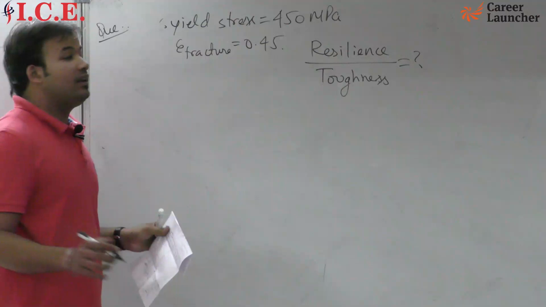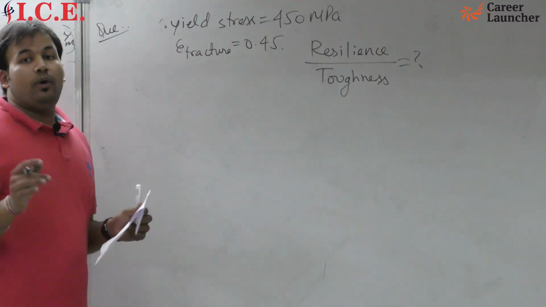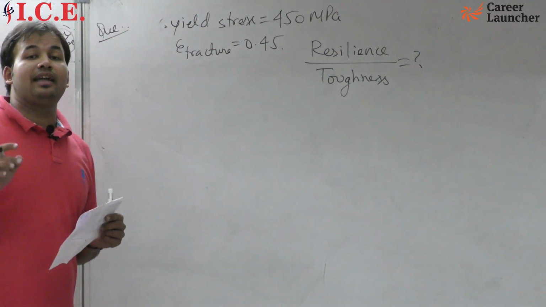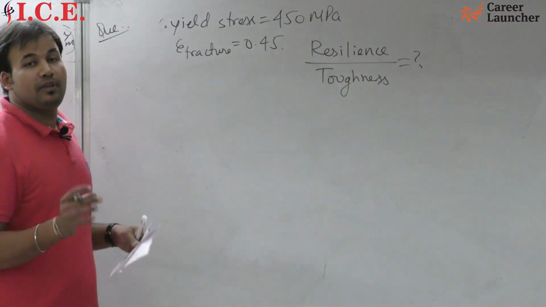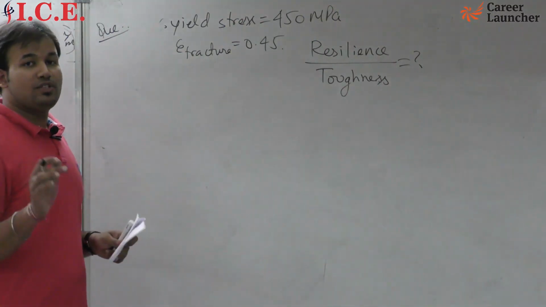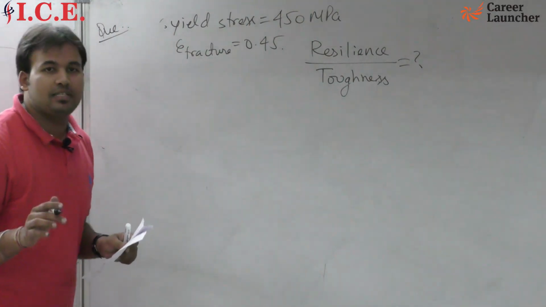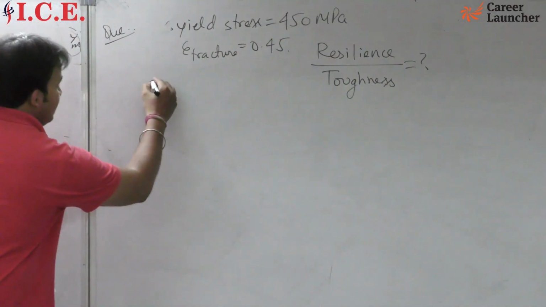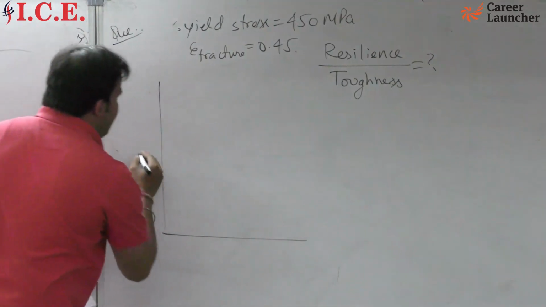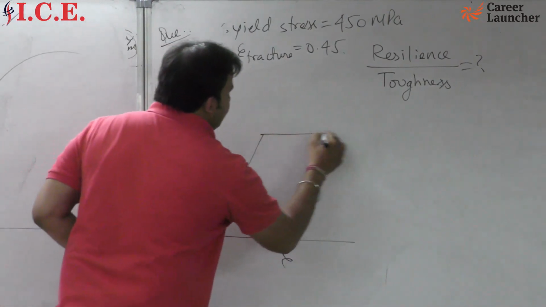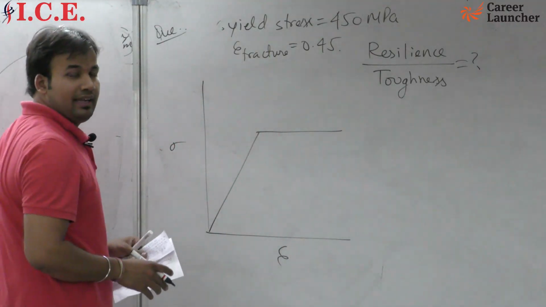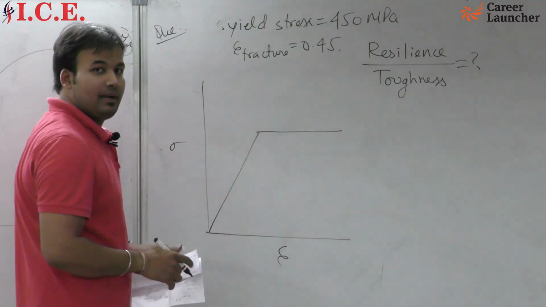So first of all, here we should know what the stress versus strain diagram of an elastic plastic material will be. If the question gives an elastic plastic material, then the diagram will be like this.